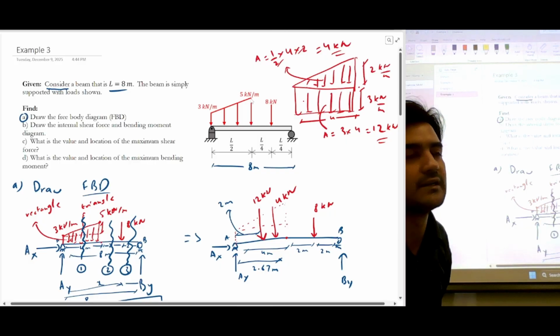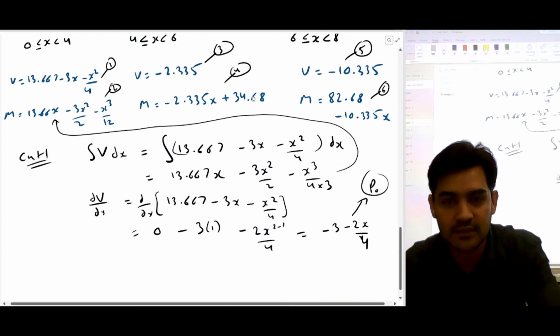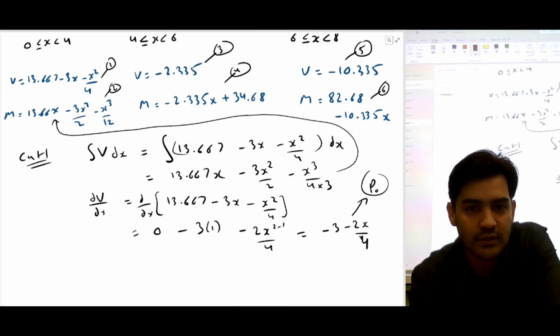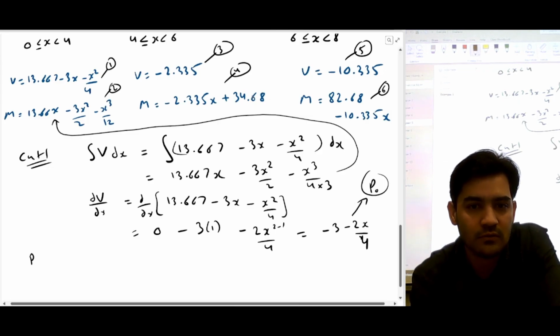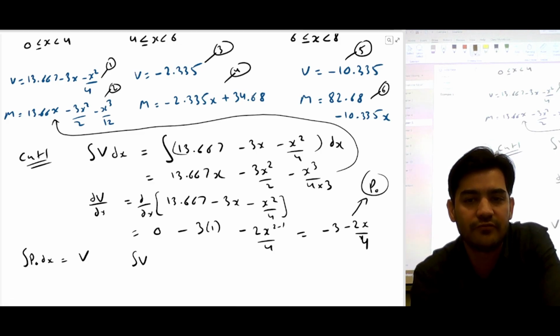So the reason I'm doing this is to show you the relationship. If you do the integration of the load, you're going to get shear force. If you do integration of shear force, you're going to get moment.